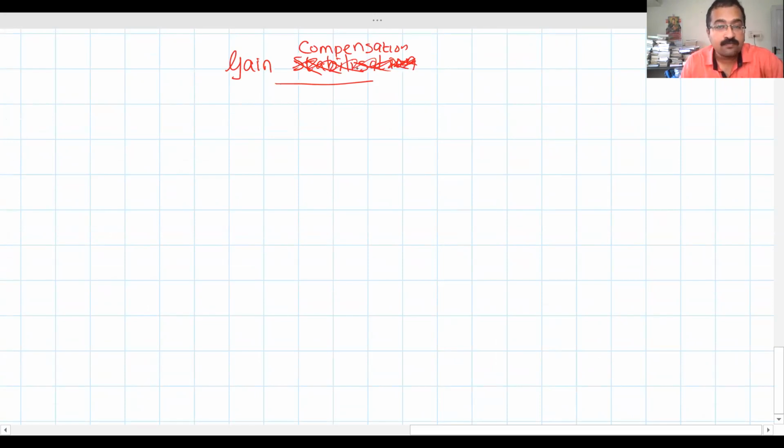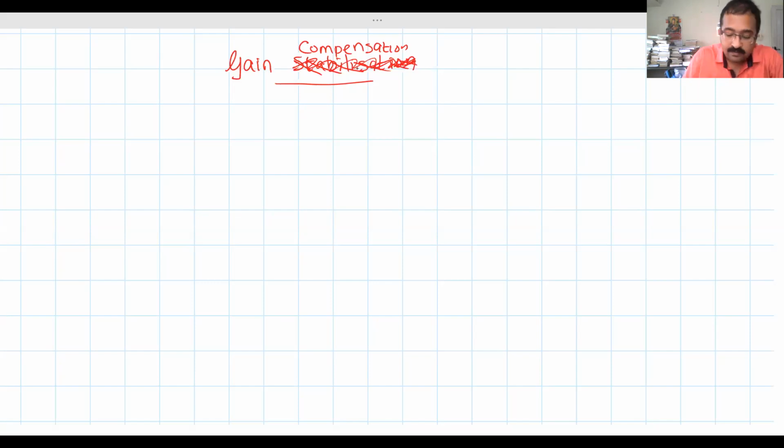Not stabilization, sorry, gain compensation. Compensate means to compensate for some deficiency. We have to fill in that gap. There are some deficiencies that have to be filled in. That is what we mean by compensation. So gain compensation means we will have to adjust the gain so that the closed loop system meets the required specification.